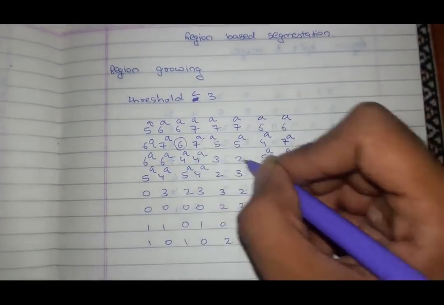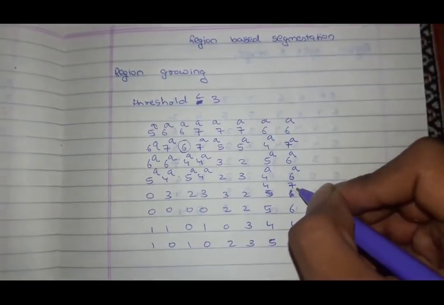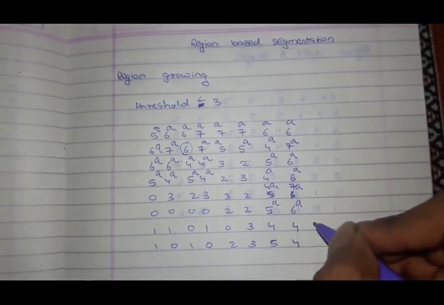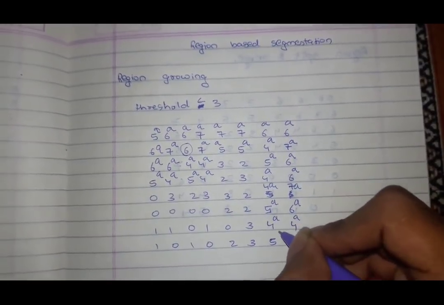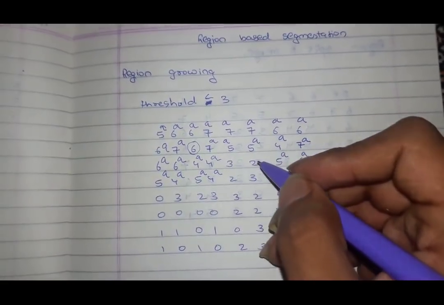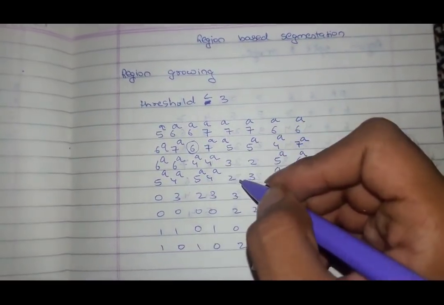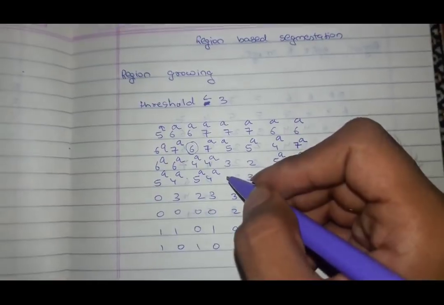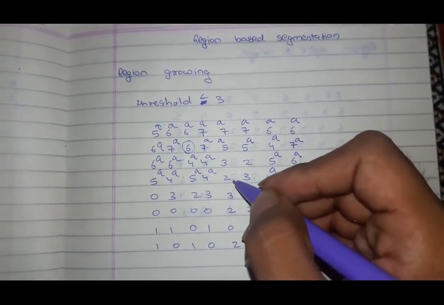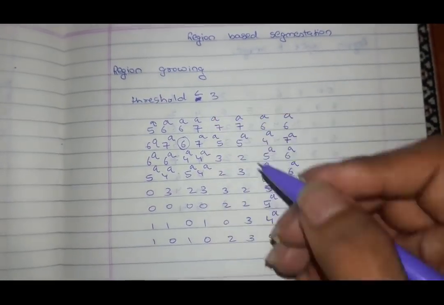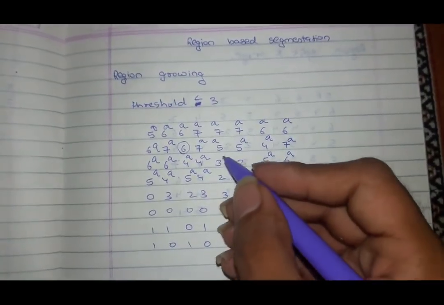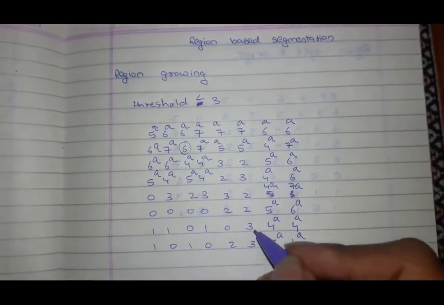All these I am comparing with the seed point and I can see that they will lie in my region. Here we can see I have 3, 2, 3, 2. All these when subtracted from 6 give me the answer. When 3 is subtracted I get 3, when 2 is subtracted I get 4. So all these are greater than or equal to my threshold, so I'm not taking them into consideration.